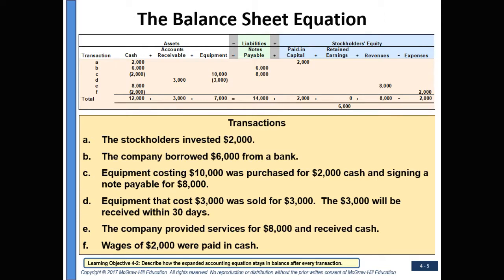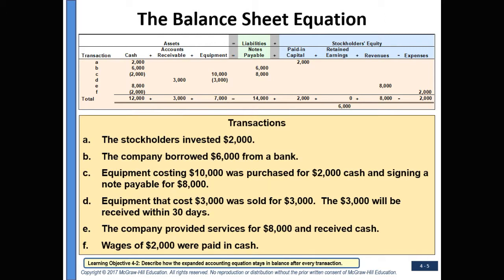Transaction D, equipment that cost $3,000 was sold for $3,000. The $3,000 will be received within 30 days, results in a $3,000 increase in the accounts receivable account and a $3,000 decrease in the equipment account.